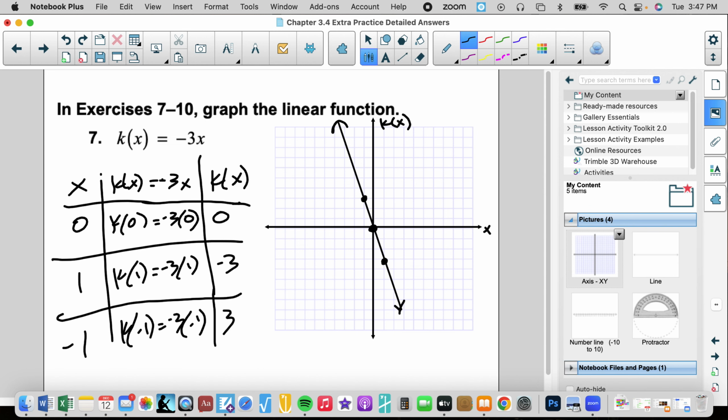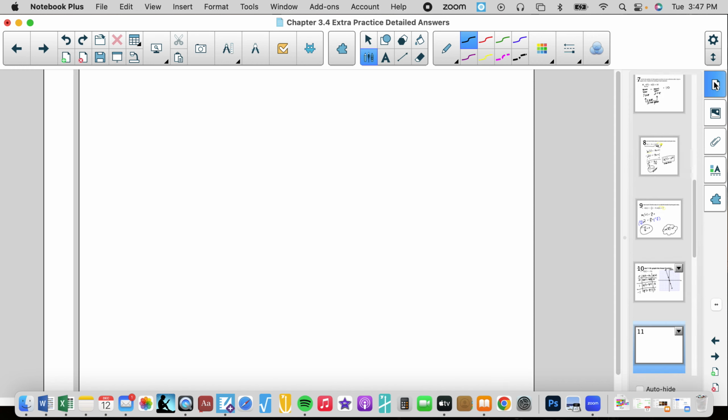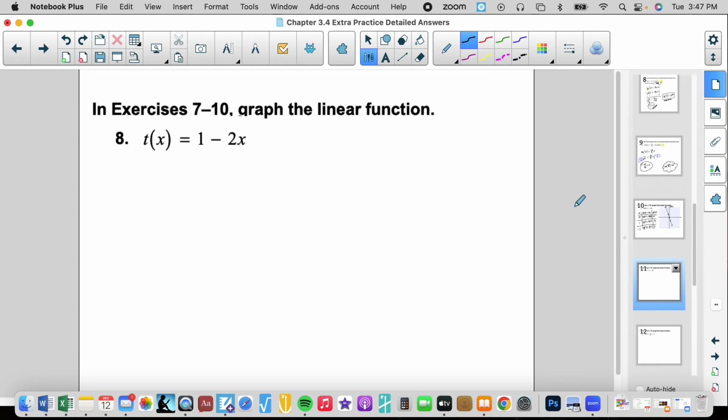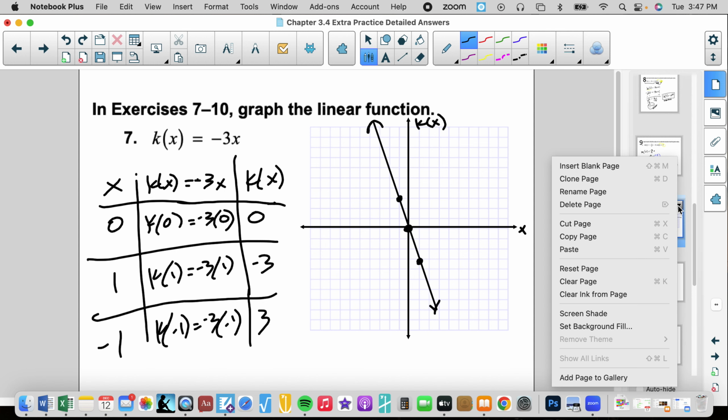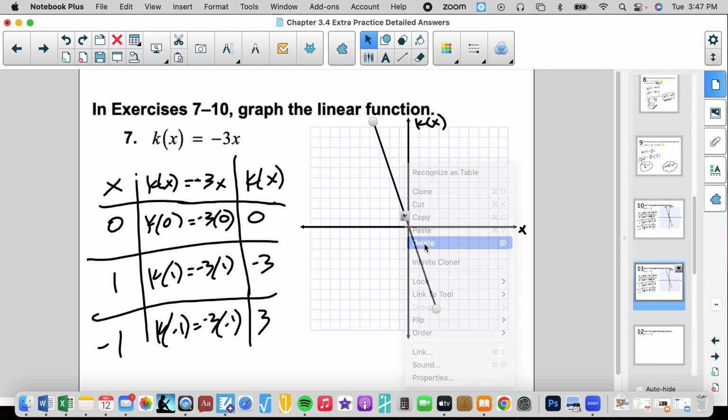The other way we can do this, which I hope some of you... I didn't mean to do that. No, Mr. Mac, delete. The other way we could do this is let's clone the page. Let's erase those points. Let's erase this. Delete.